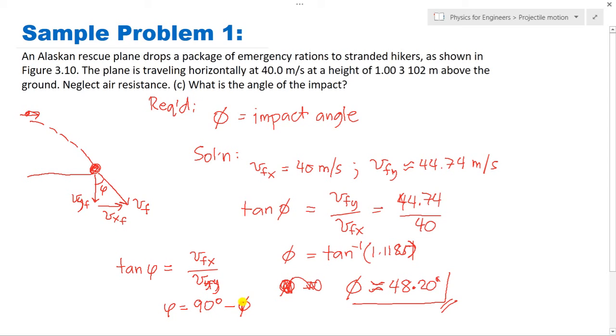So it depends. If the answer is complementary angles, then it refers to this impact angle. But don't worry, both of them are used to measure the impact angle, it just depends upon the reference point, or the reference line.